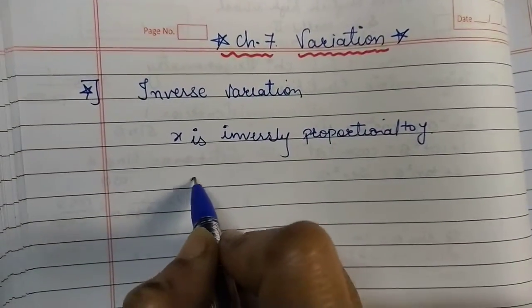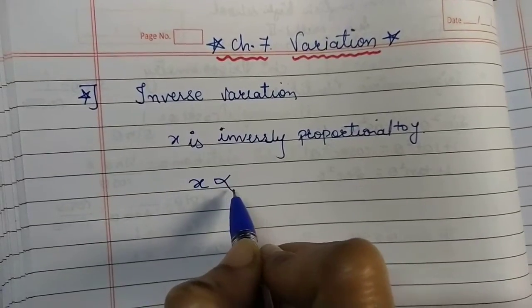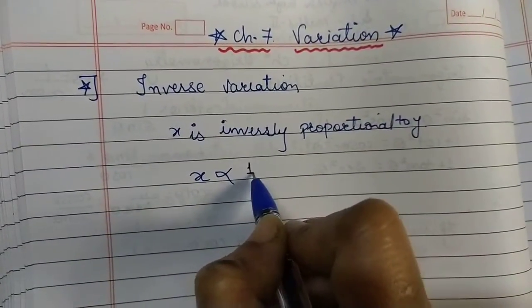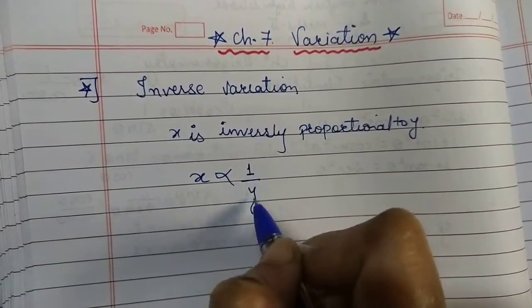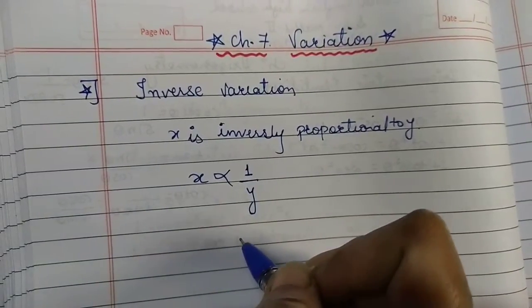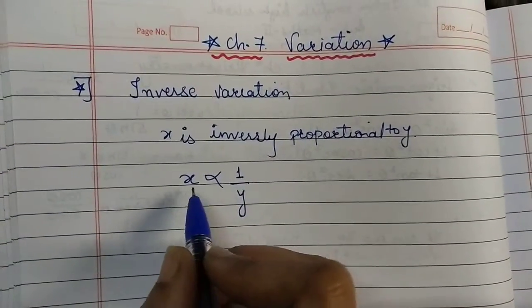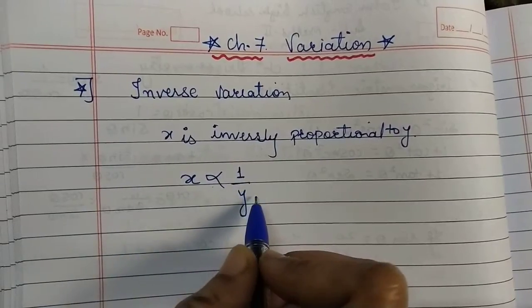So how will you write it? x, this is the symbol of proportionality, inverse of y, that is 1 by y. So it is denoted as x is inversely proportional to y.